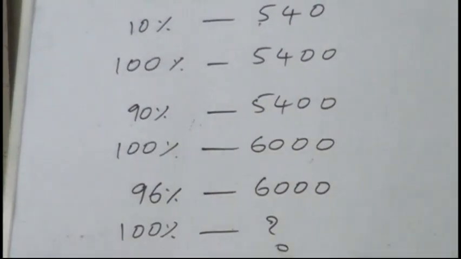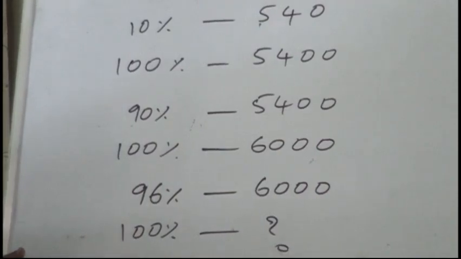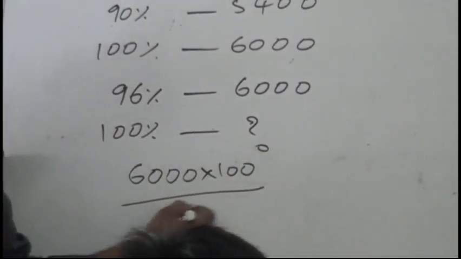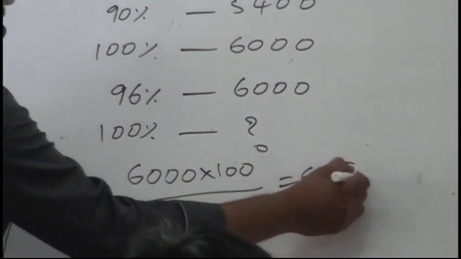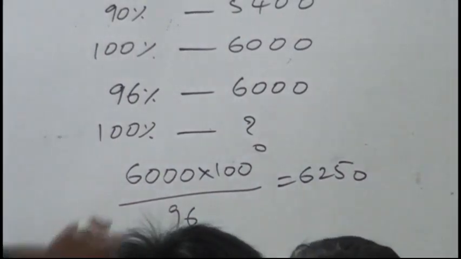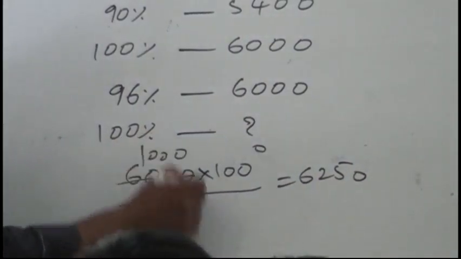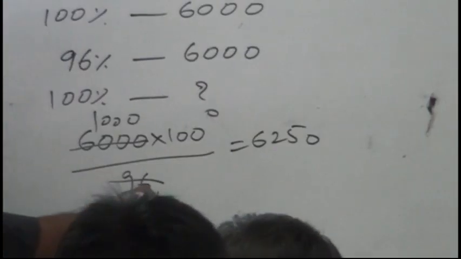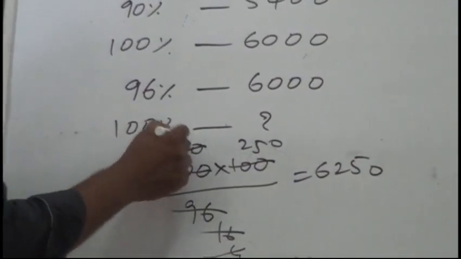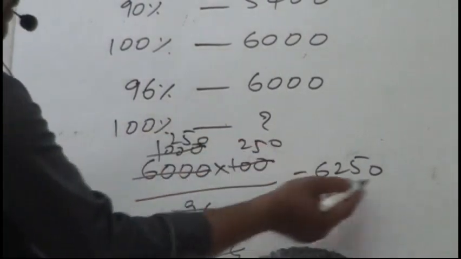Now you get the original, initial number of apples. 96 is 6000, 100 is 6000 into 100 by 96, which is 6250. 6 thousands, 6 sixteens, 4 25s, 4 250s, 25 25, 625, 6250.